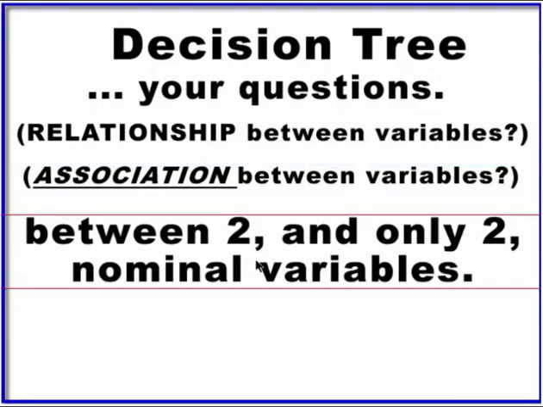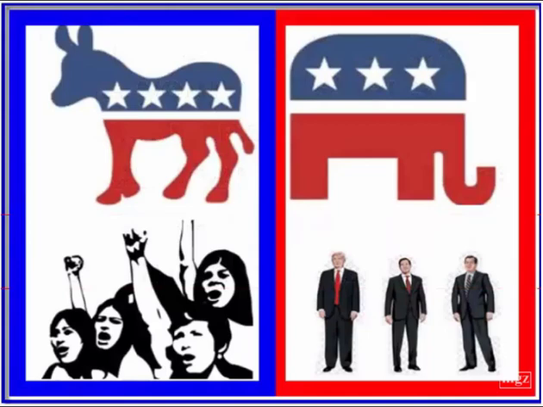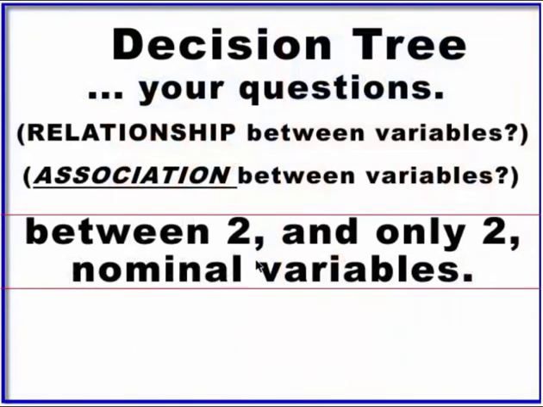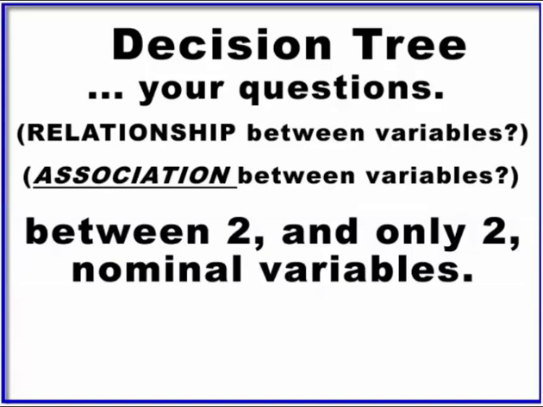In other words, do men tend to be Republicans? So gender is the first variable, men and women, and political party is the second variable, Republicans, Democrats, others, okay? So two categorical variables, an association, that's what you're looking for.